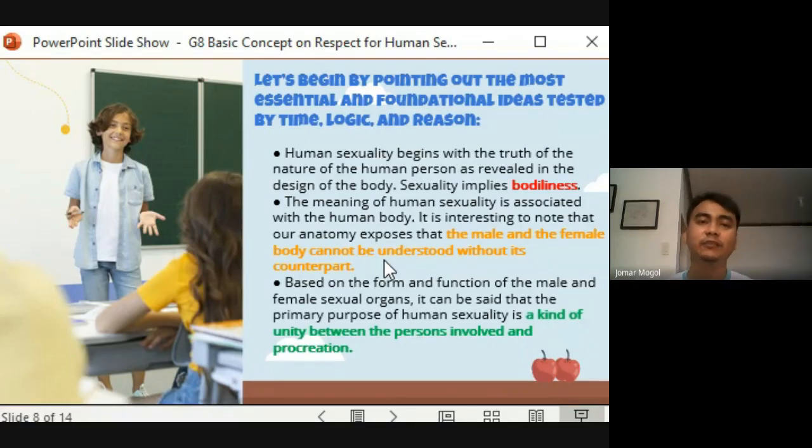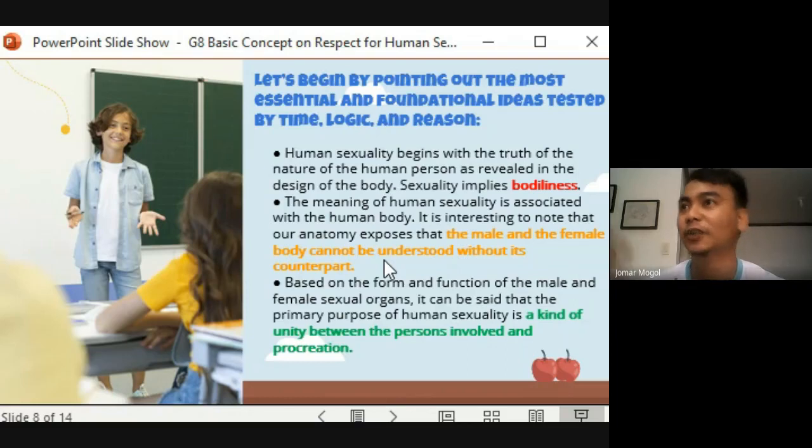Yes, this is very true because as human persons, we cannot understand each other without the counterpart of our sex, di ba? Para di ba nga sa science, para nagkakaintindihan tayo kung merong ibang tao na tumitingin sa atin as another person. So in that way, as male or female, naintindihan natin yung pagkakaiba ng bawat tao.